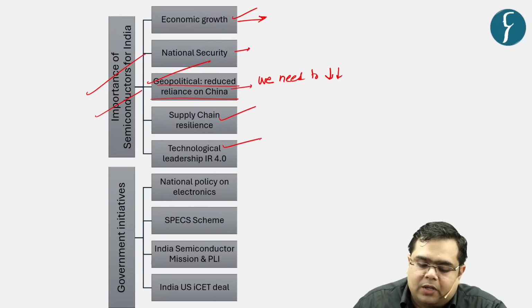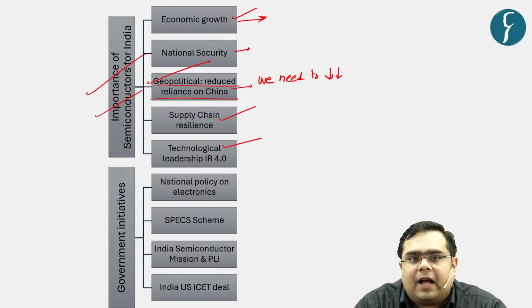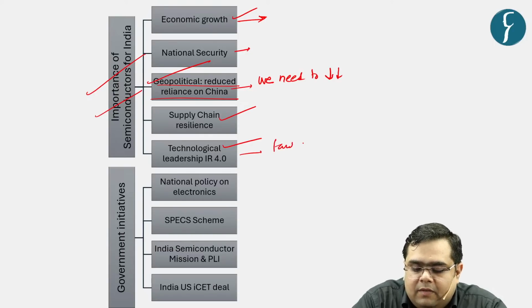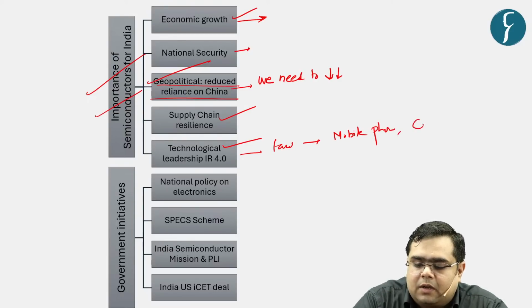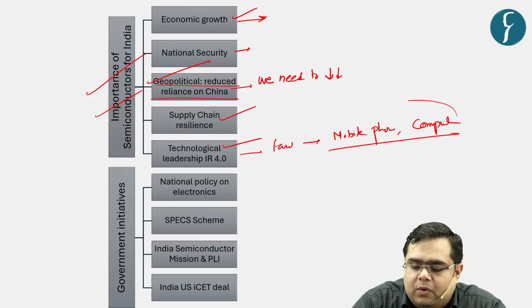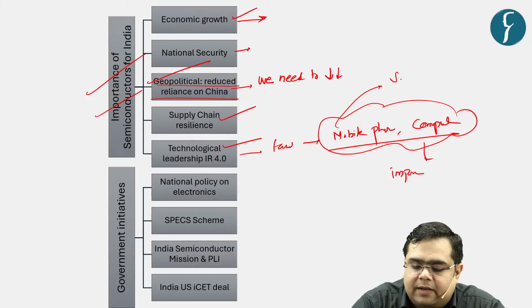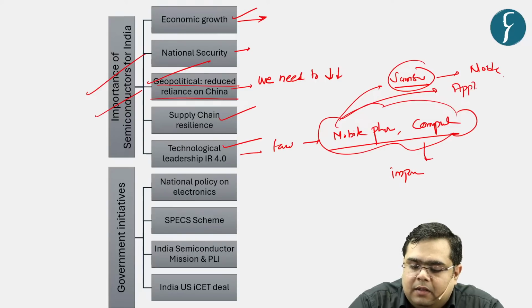And lastly, technological leadership of the world. As of now, India has already set up factories with respect to mobile phones, computers, and so forth. But most of the chipsets over here are imported. For example, one of the world's largest Samsung production factories is located at Noida. Even high-end premium products like Apple have invested in Tamil Nadu, right?